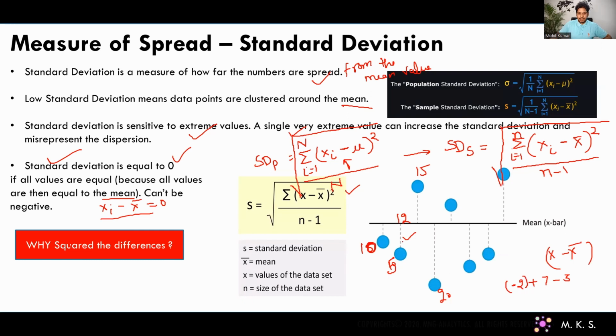Similarly, for the second term, it's 5 minus 12, that is minus 7. Plus the third term, 15 minus 12, that is 3.